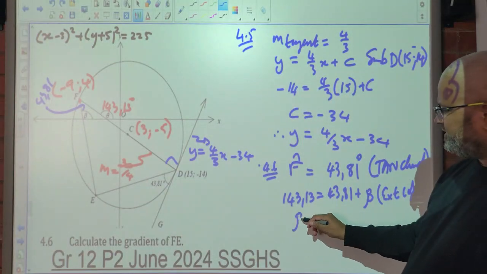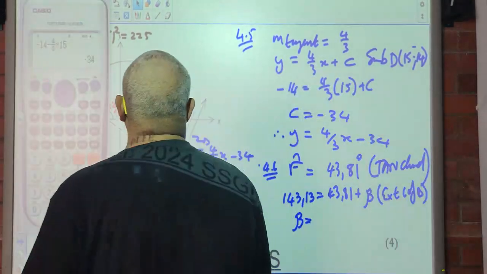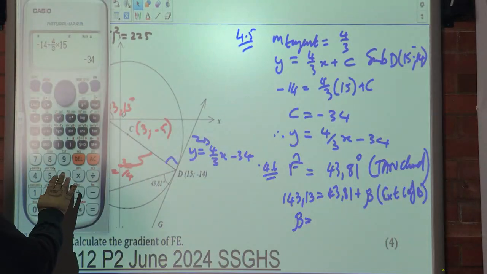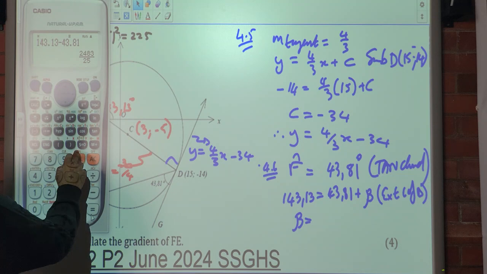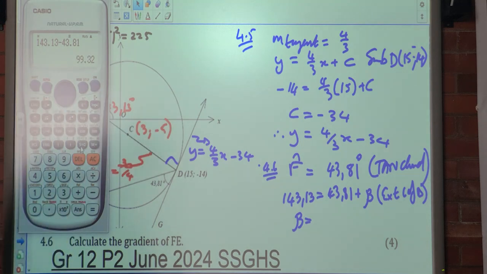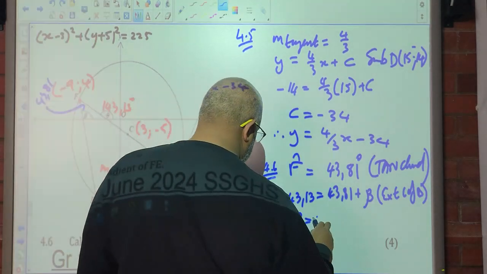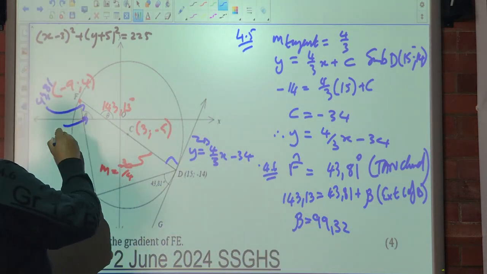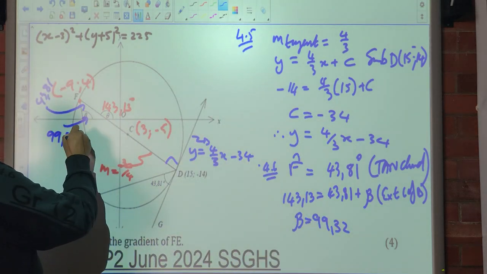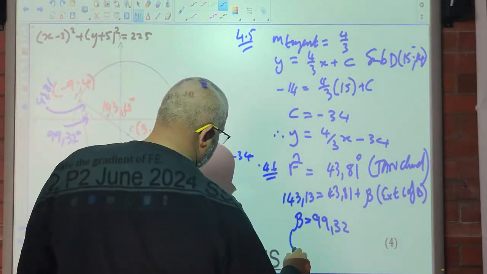Okay, so angle beta works out to be 143,13 minus 43,81, which gives me an answer of 99,32. So this is this angle here. So how do we work out the gradient?